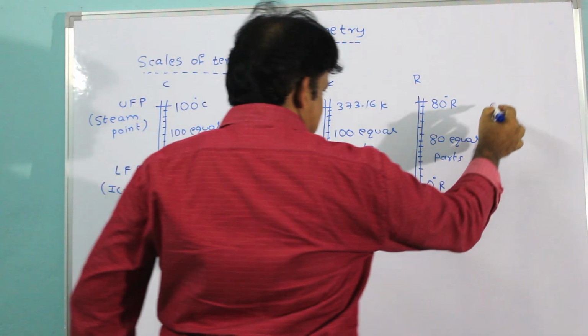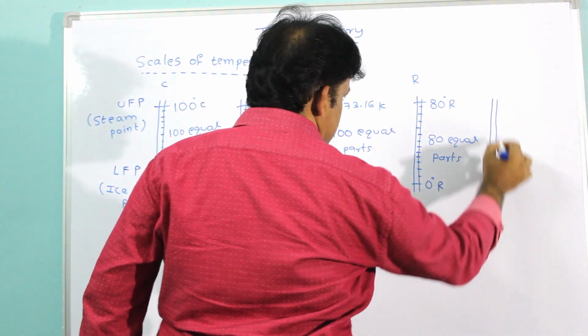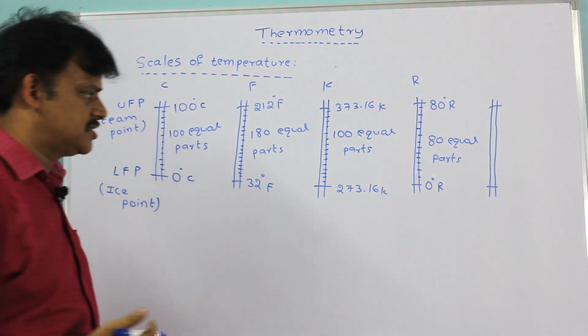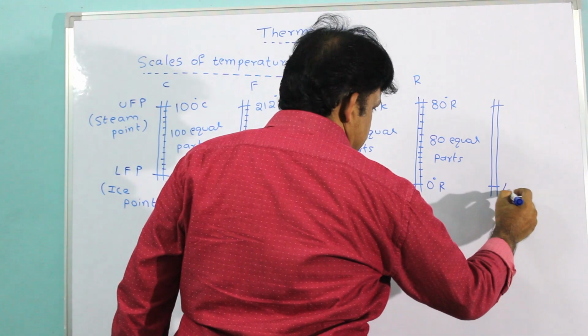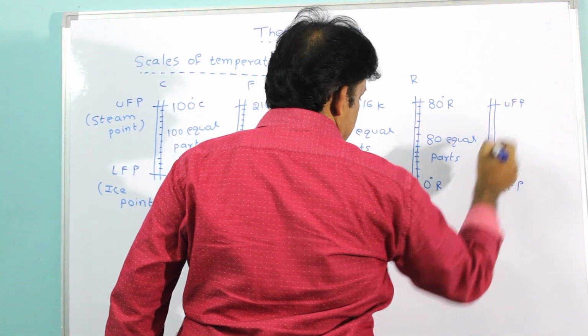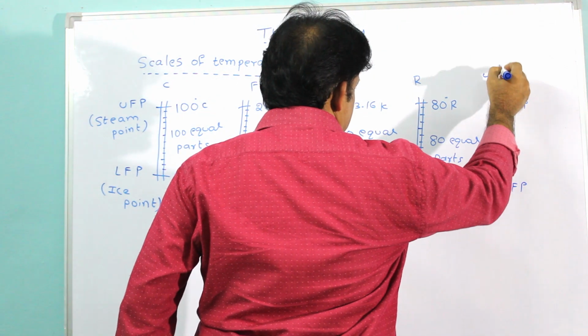And the last one, let us discuss some unknown scale whose lower and upper fixed points we don't know, but in the problem generally they will be given to us. So, the lower fixed point is LFP, the upper fixed point is UFP. This is called some unknown scale.